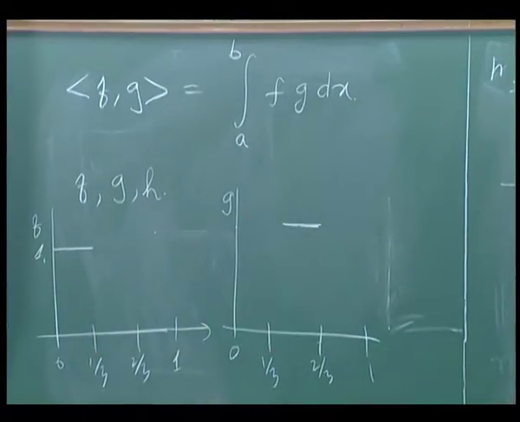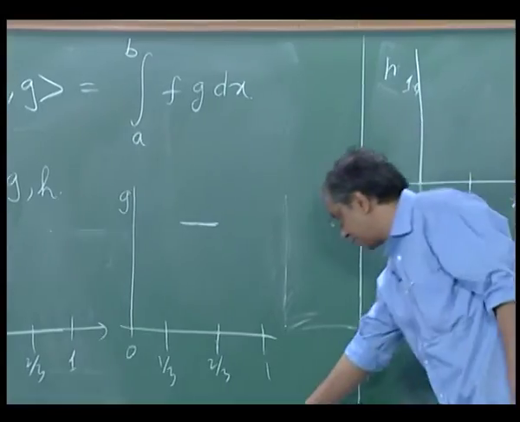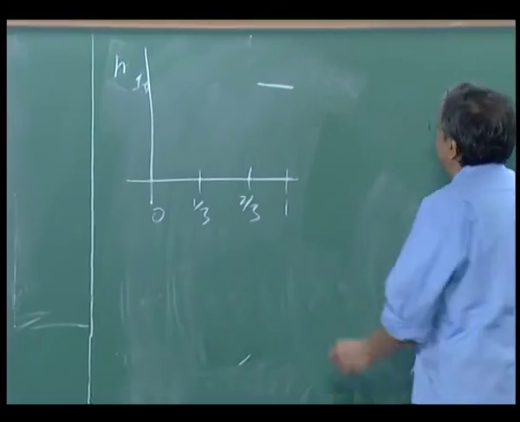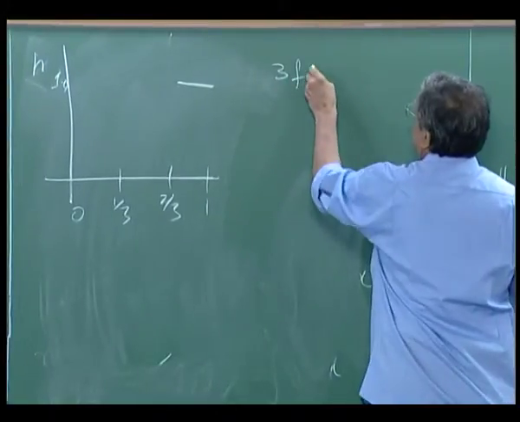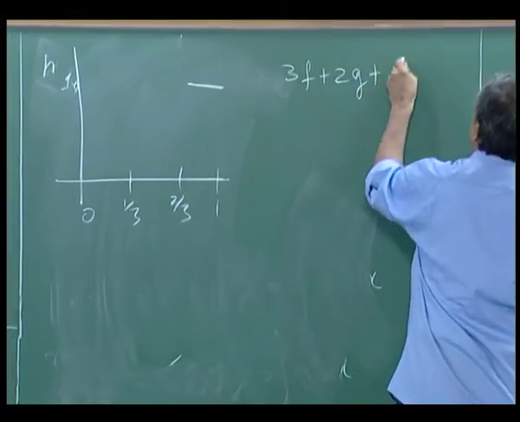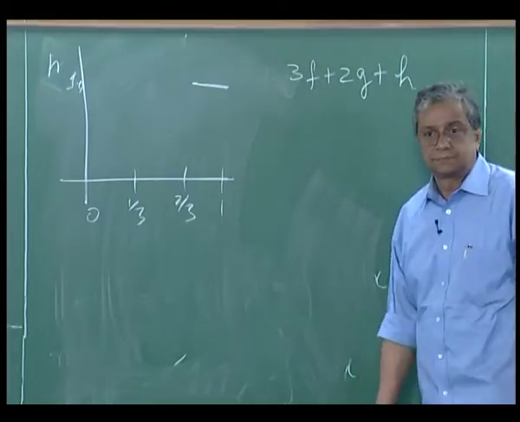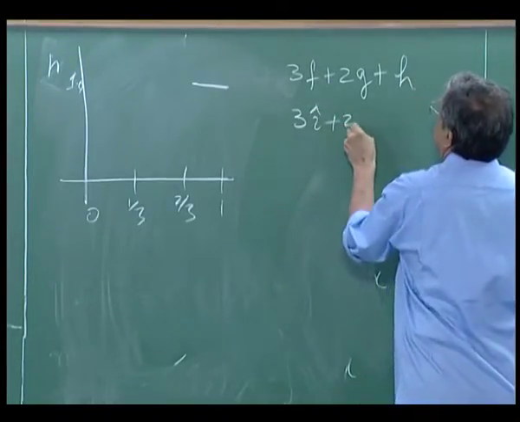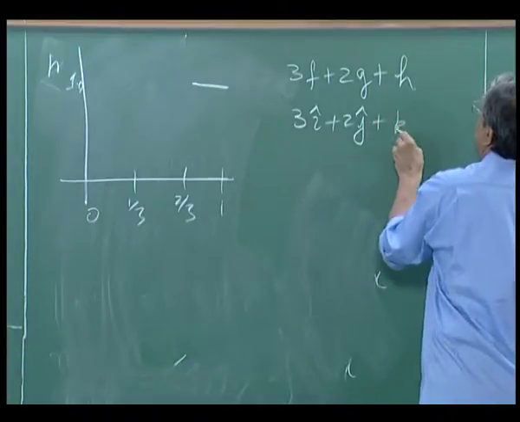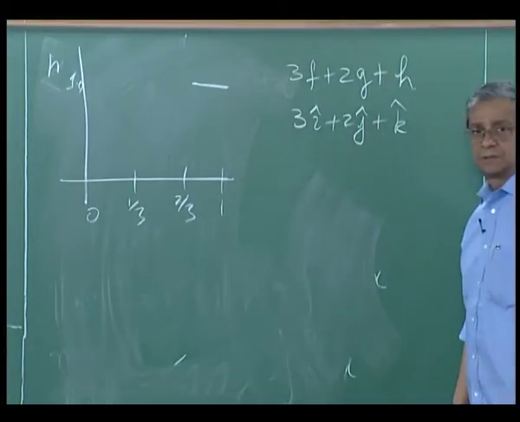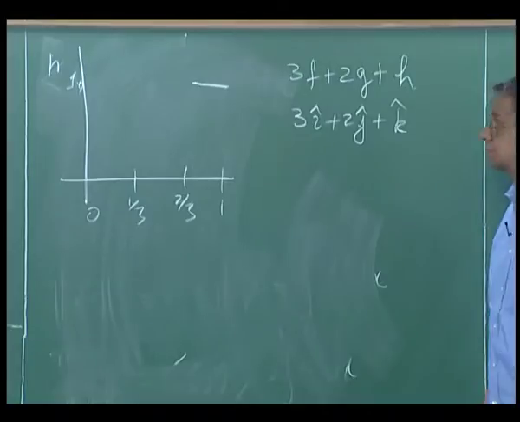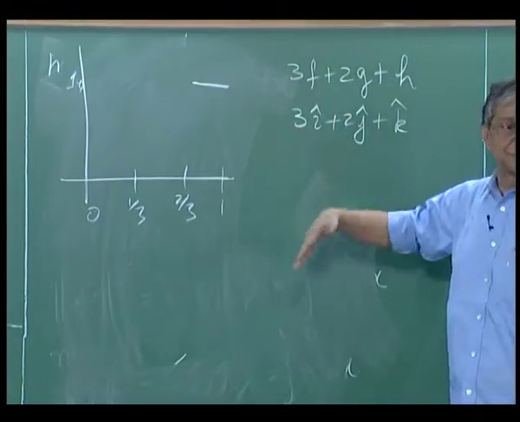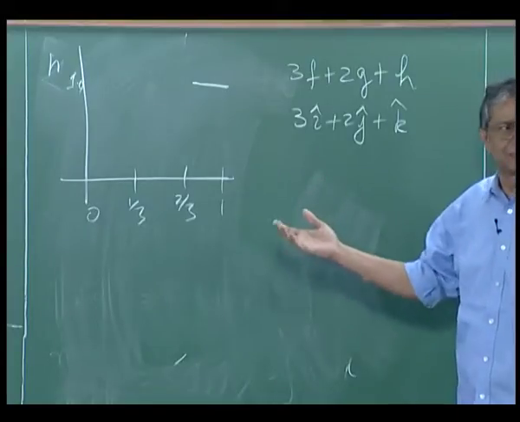Okay. Now we go back to the example that I used in the earlier class. So I asked the question, what is 3f plus 2g plus h? It looks very similar to 3i plus 2j plus k, where i, j, k are our standard unit vectors. So it is almost as though I have defined these. Previously when you first learnt it, you may wonder what the heck are i, j and k.